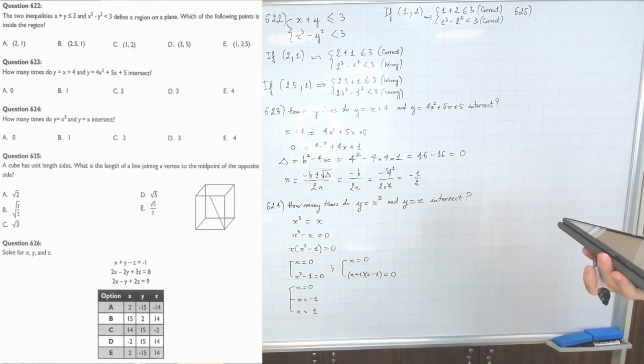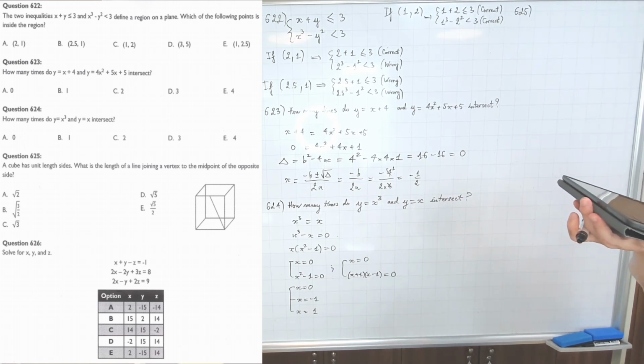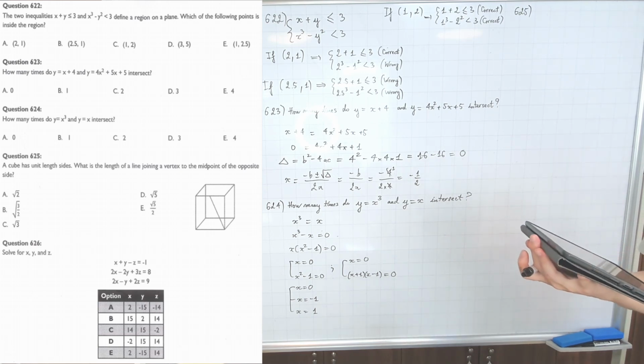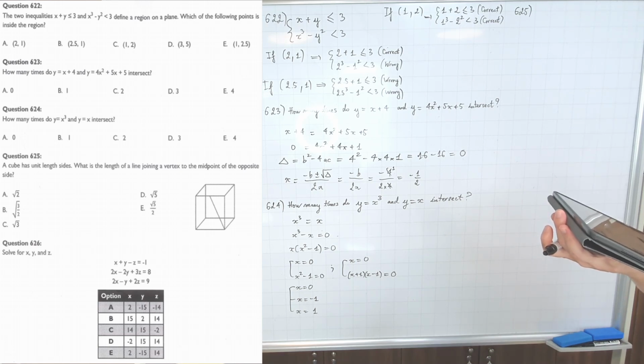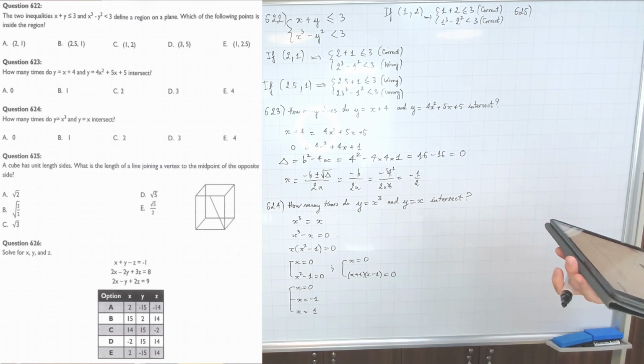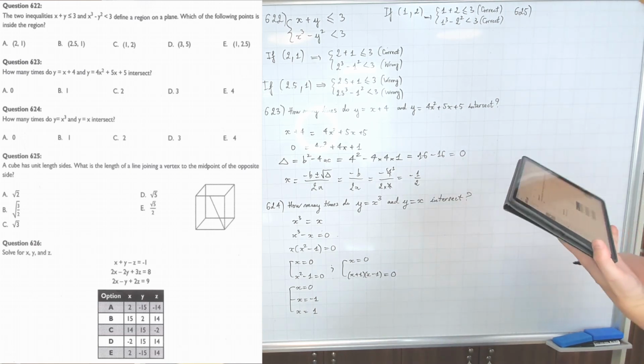What is the length of a line joining a vertex to the midpoint of the opposite side? It asks for the length of the line joining the vertex to the midpoint of the opposite edge.